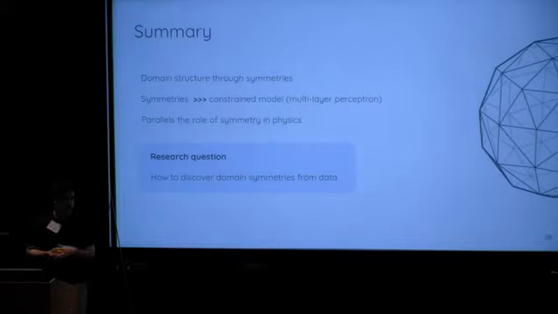For example, I give you a lot of real-world images, and the task is for you to find out that these are actually images, that there is this invariance or equivariance to translation in these images. How do we do that? That's it. Thank you.